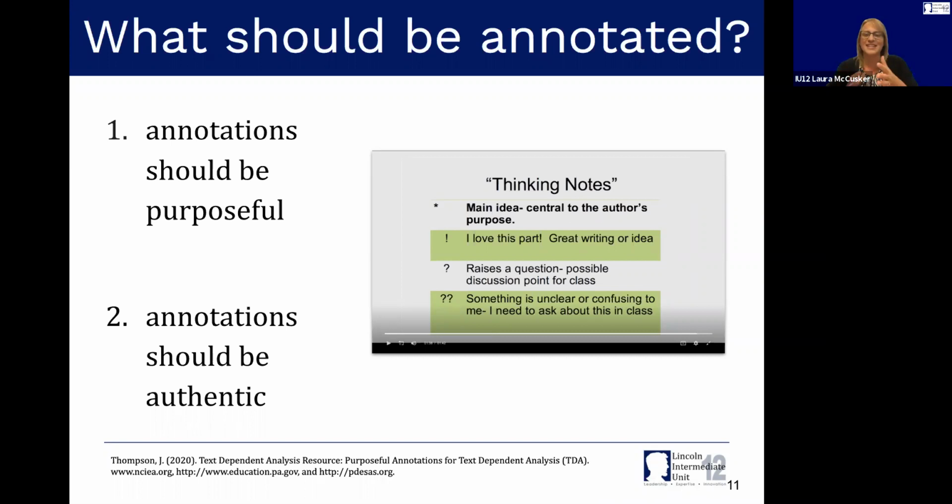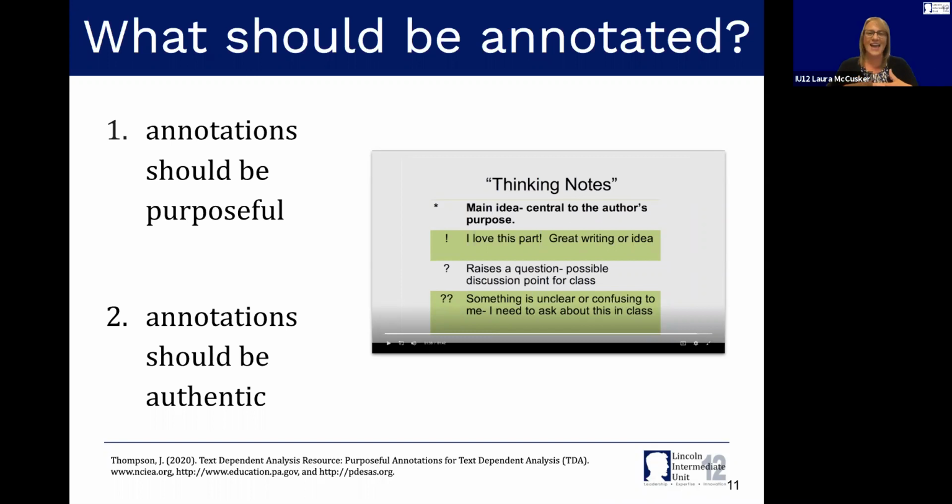One of my roles is as an instructional coach. And sometimes when I go into classrooms, and I've been guilty of this myself, we see one or the other at play. So for example, in the classroom, I was working with 7th graders as a teacher, and my annotations, I gave them a very clear purpose by giving them a set of symbols to use.